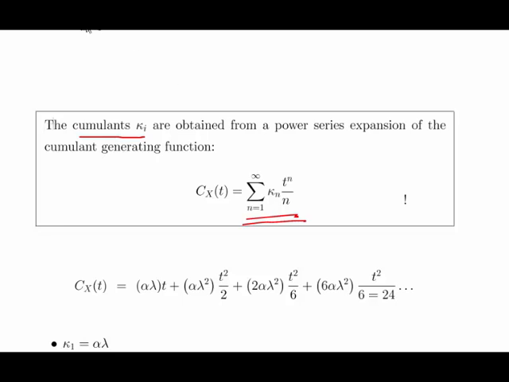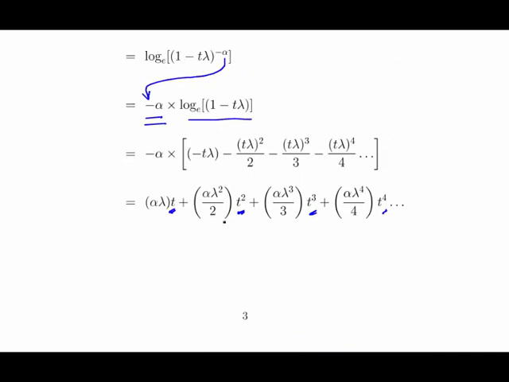Now that's n factorial there. So what I want to do here is re-express everything in consecutive, or ascending, powers of t over that power. Sorry, that's the first one here.